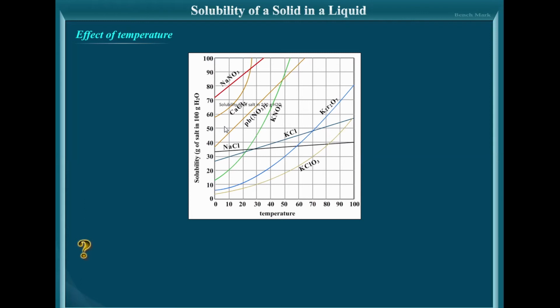The conversion of Na2SO4.10H2O to Na2SO4 occurs at 34 degrees Celsius, which is not given here. Thus, the solubility of Na2SO4.10H2O increases with the rise in temperature till 34 degrees Celsius, and thereafter it starts decreasing. The temperature at which this reversal of solubility occurs is often called the transition temperature.